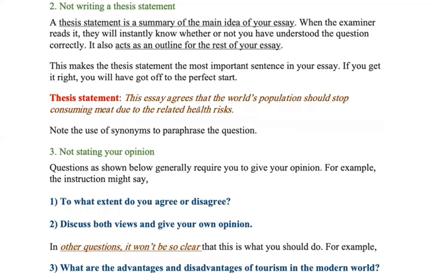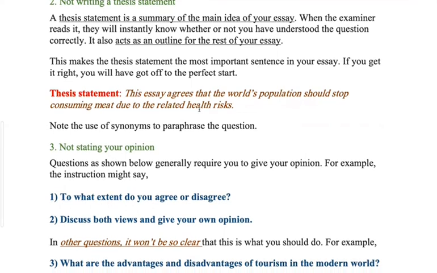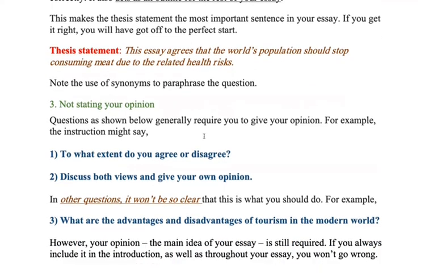Here, the writer wants you to state your opinion. Do you agree with this point or disagree with it? Number 2, discuss both views. So you have 2 different views and give your own opinion. So these 2 questions are direct.